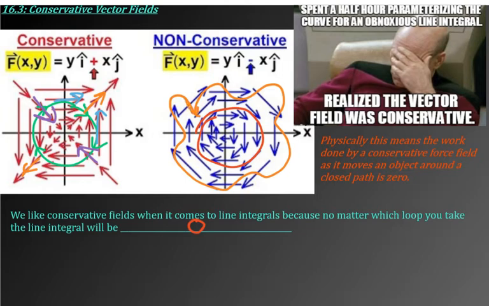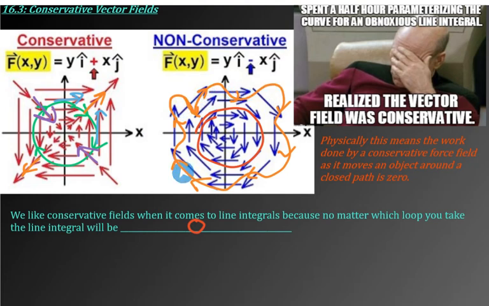No matter what, the way the vector field works, if you move this way around the path, here you've got these vectors that are always working in the direction of the path that you're moving.